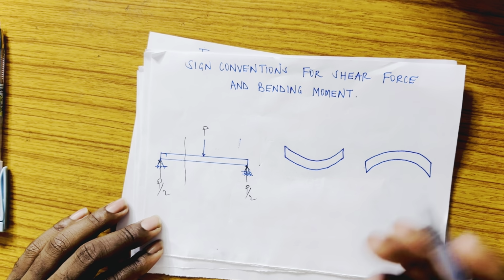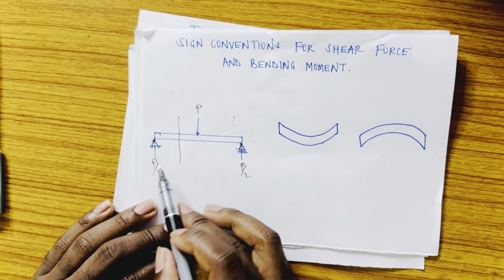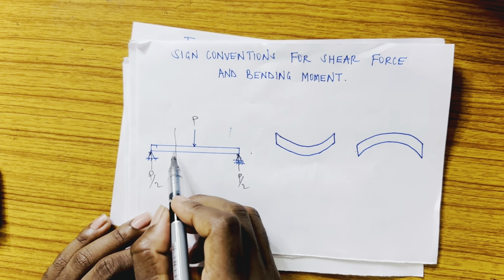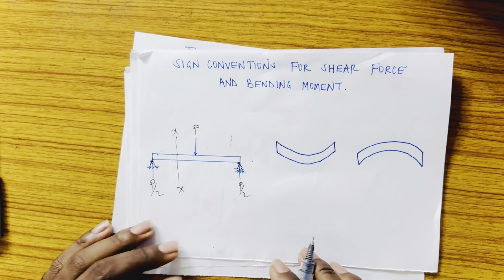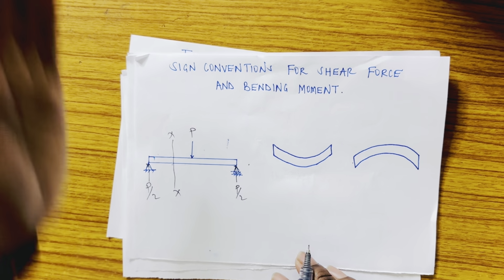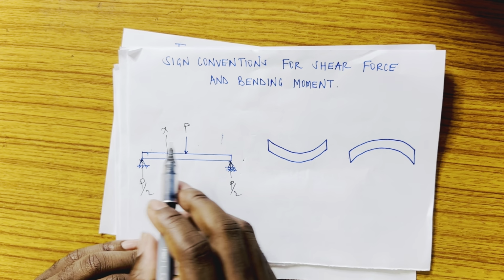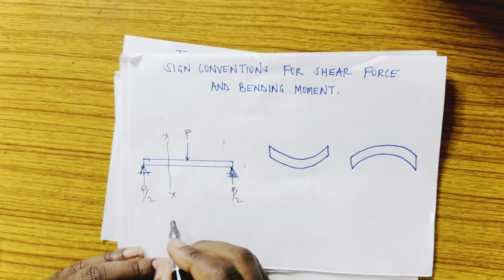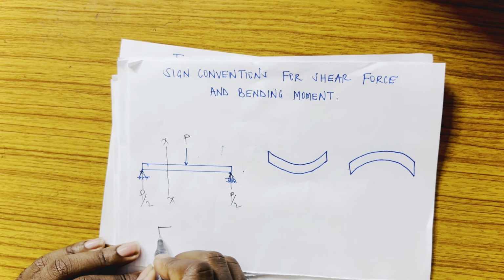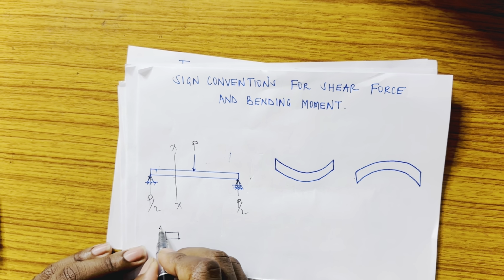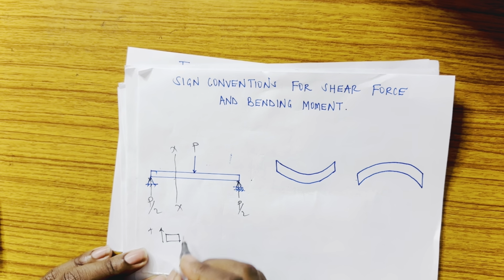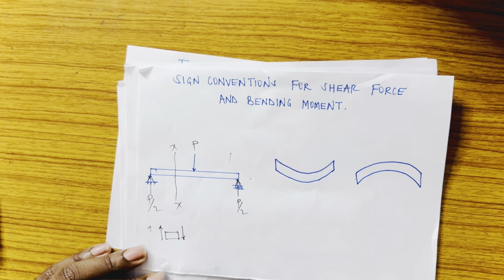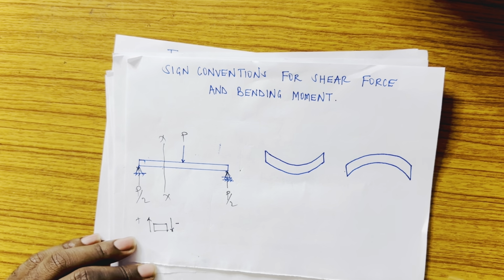We shall see how to do it. But if this is shared like this, and I take a section X at this point, at this part of the beam there is P by 2, which is going upward. And since the sign convention says that if it is going upward on this side, you take this shear force to be positive. If it is going downward, you take this shear force to be negative. That is the sign convention for the shear force.